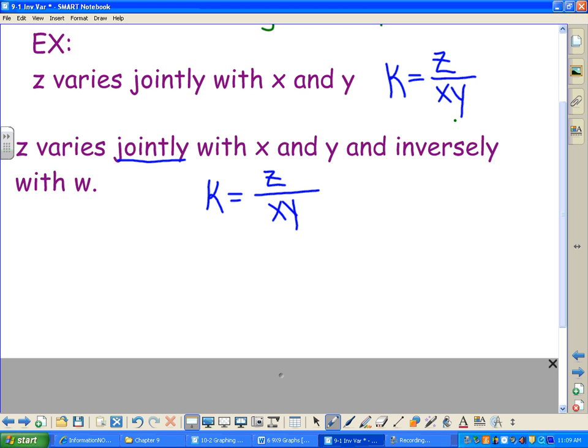But then it says, and inversely with w. Now that means z is varying inversely with w. So what has to be going on with z and w? They have to be multiplied. Well, just put that w up with that z, and now they're multiplied. Since z is varying inversely with w, we just have to multiply them. Does that make sense? Okay?